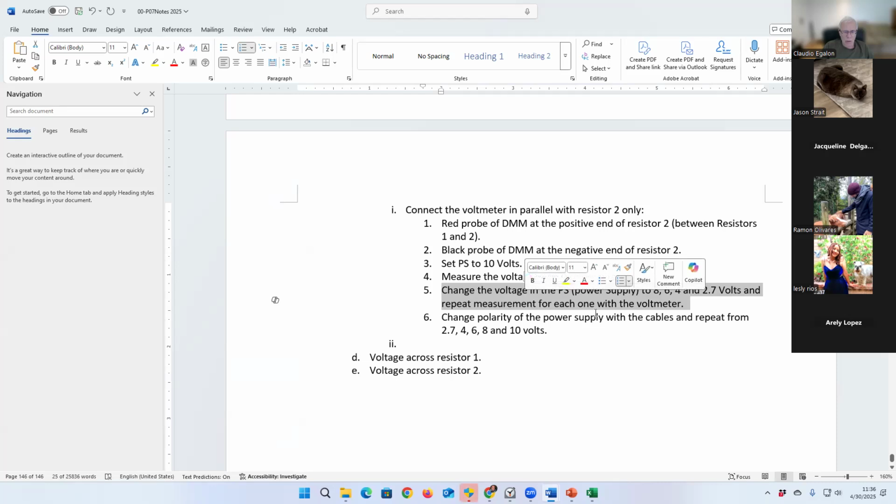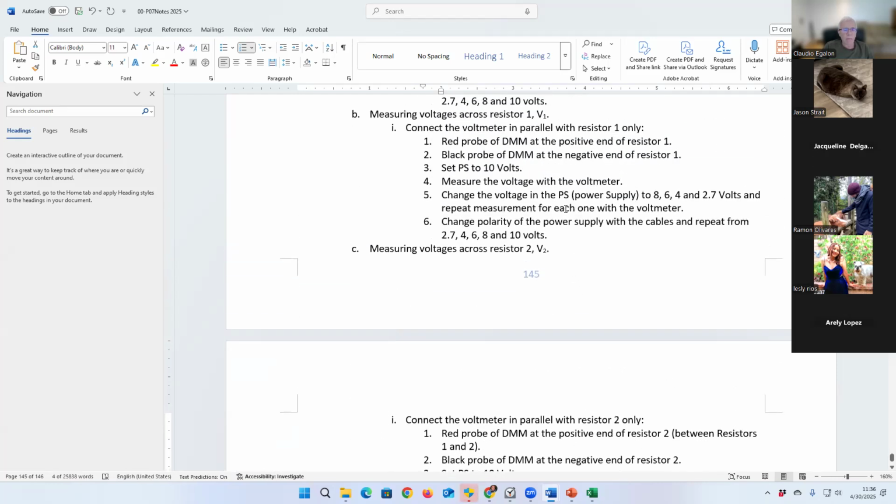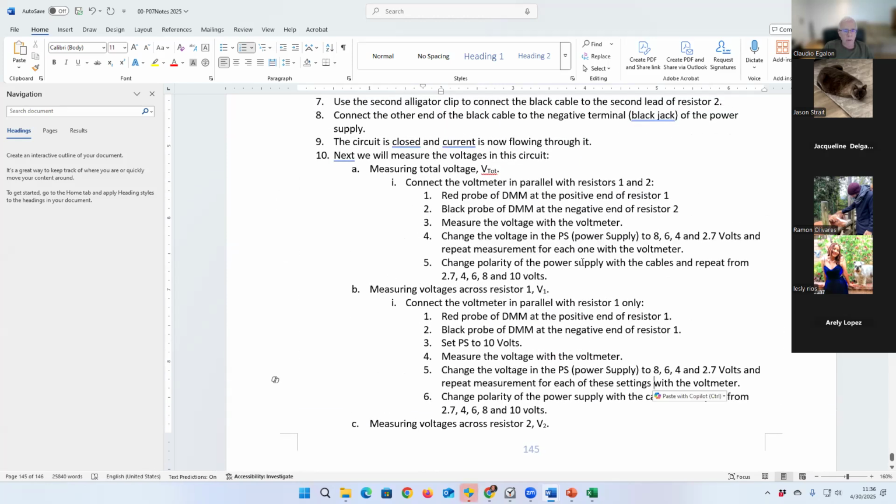For each of these settings with the voltmeter.